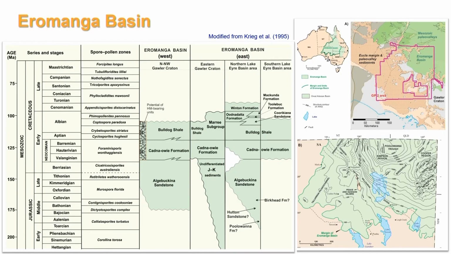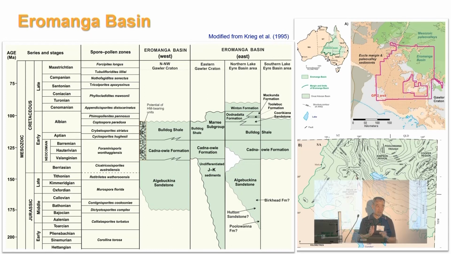And the second, the younger one, is the Eromanga Basin. So we know the Eromanga Basin margin in this area. If a paleo channel is over there, you should think they're flowing in the same direction as the Eromanga Basin, from southwest to the northeast.